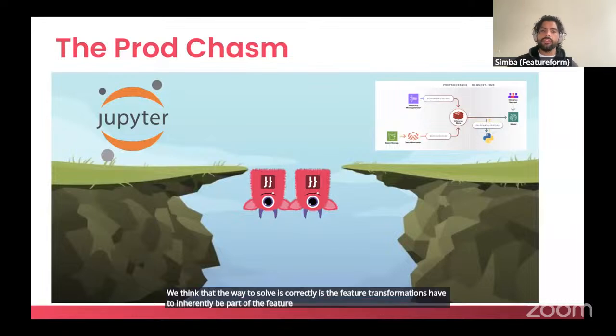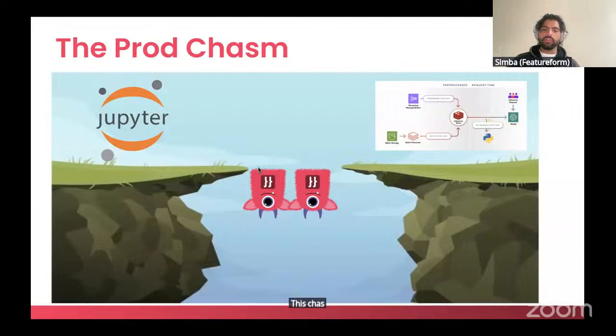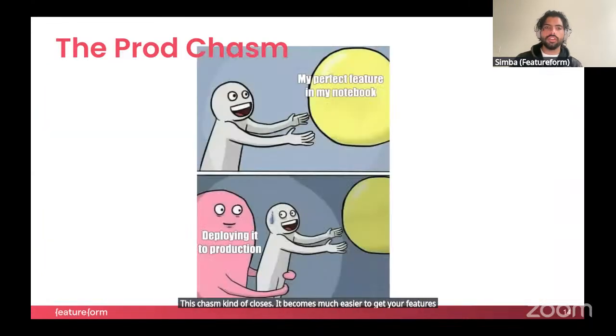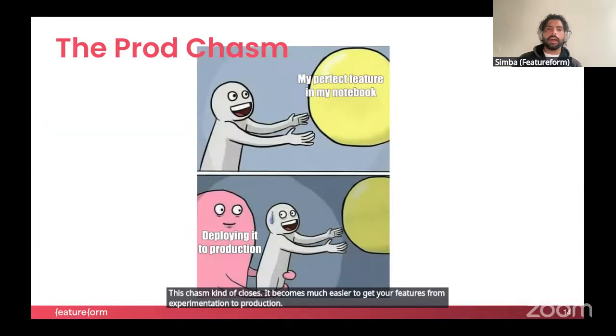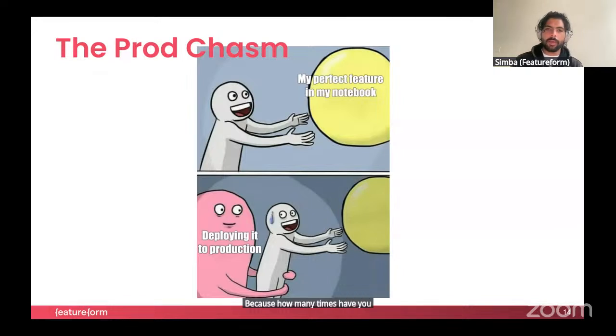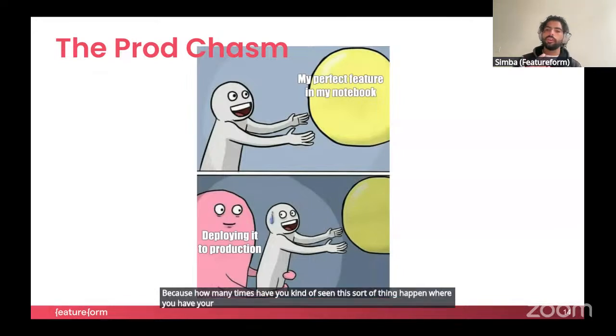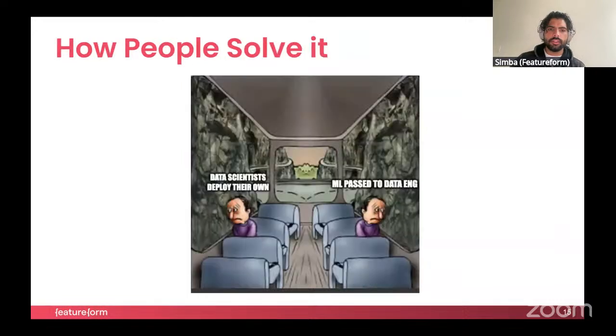And we've seen that if you do this correctly and you define your features as code, this chasm closes. It becomes much easier to get your features from experimentation to production. Because how many times have you seen this happen, where you have your perfect features in your notebook and it's hard to get them in prod?